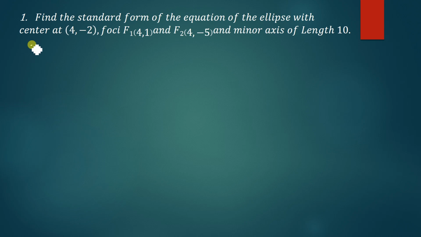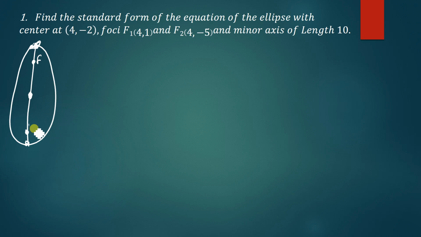So meaning we expect something that looks like this. This is our center, these are the vertices, then we have the first focus there, then the second focus there, F2, then this is F1.